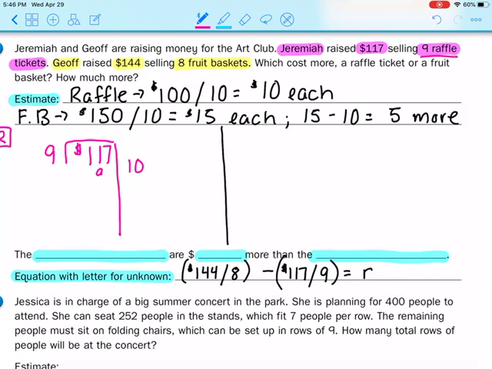So 9 times 10 is 90. And if I subtract 117 minus 90, I'm left with 7 minus 0, which is 7. If I make this an 11, I have to make this a 0. So 11 minus 9 is 2. So I know that 27 is a multiple of 9 because 9 times 3 is 27. So I have no remainder. And each raffle ticket costs $13.